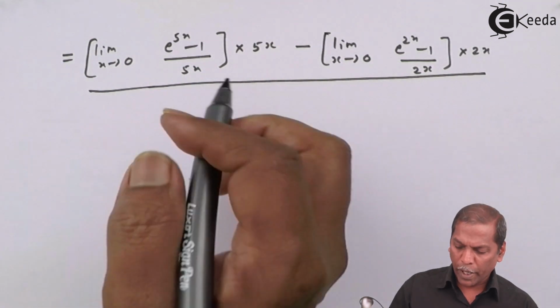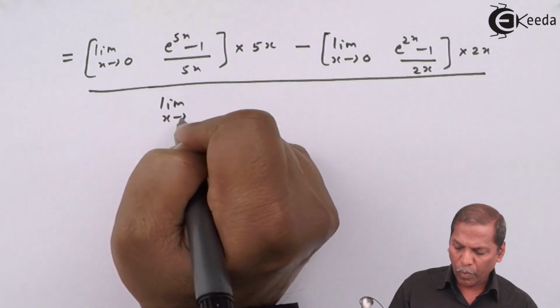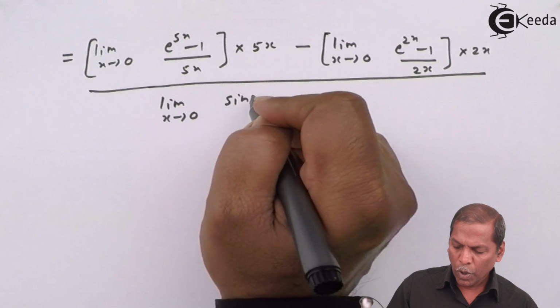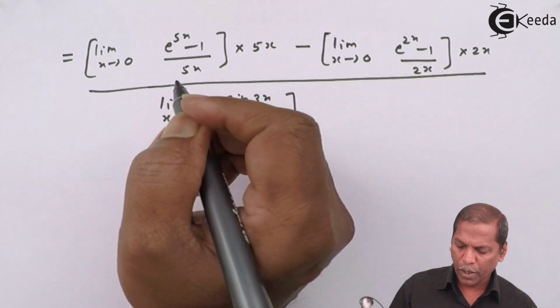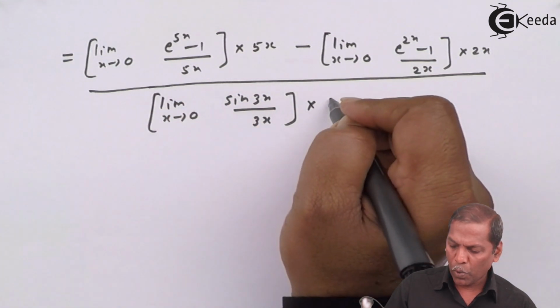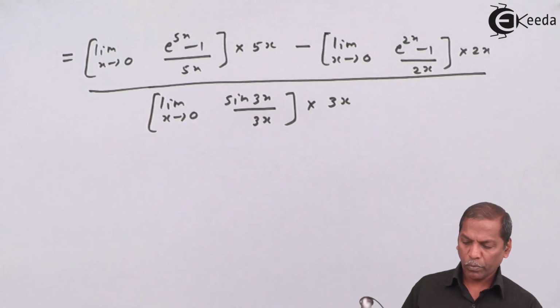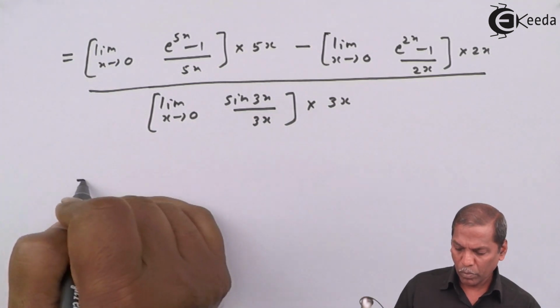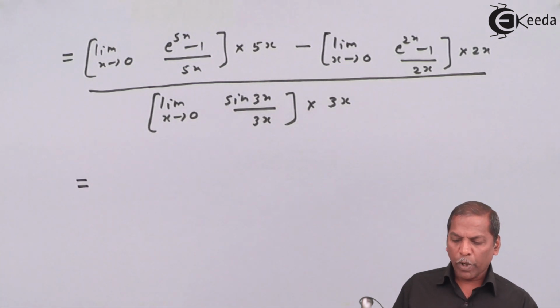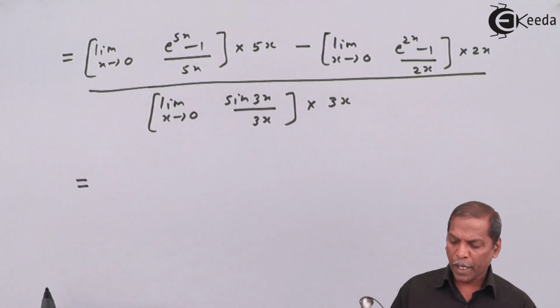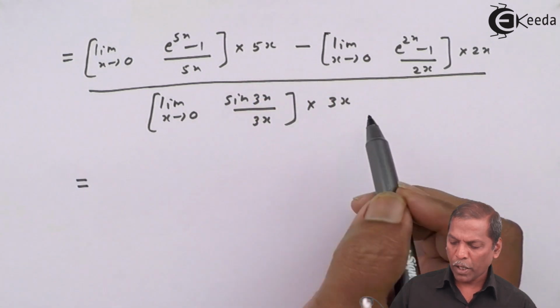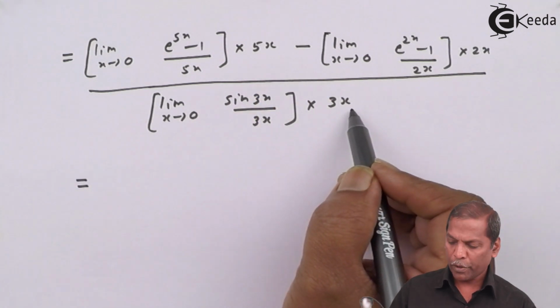Then the whole thing divided by limit x tends to 0 of sin 3x, so that also we can adjust upon 3x and into 3x. So that equals, now here we take x common from the numerator and then that x is cancelled with the x present in the denominator.